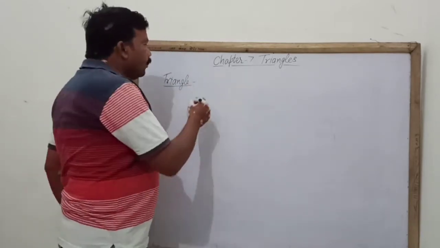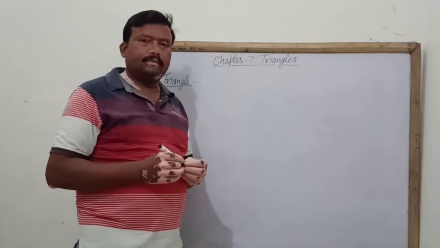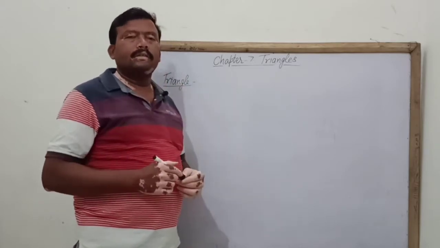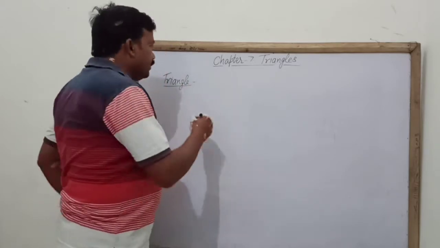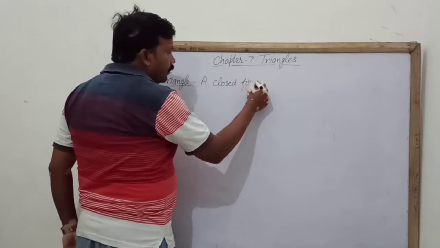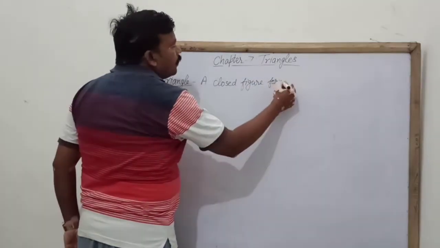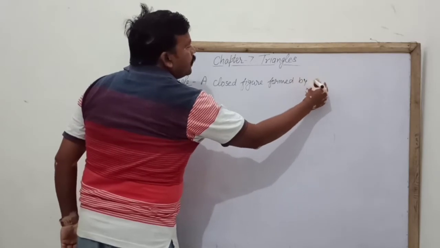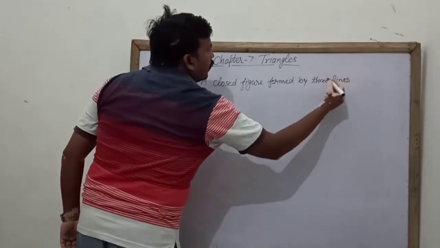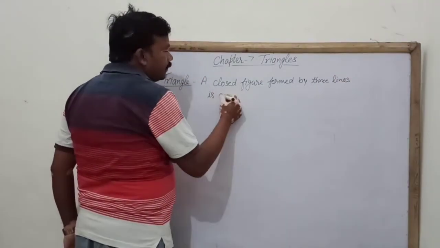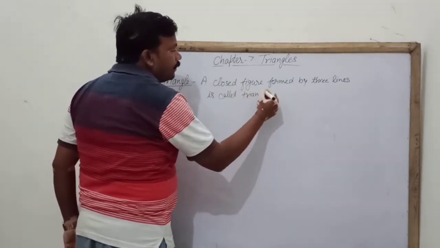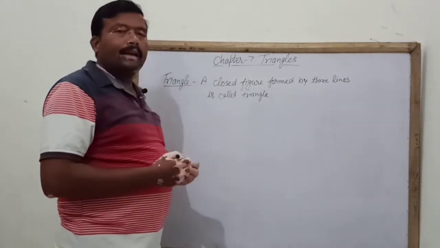We can say a closed figure formed by three lines is called a triangle.